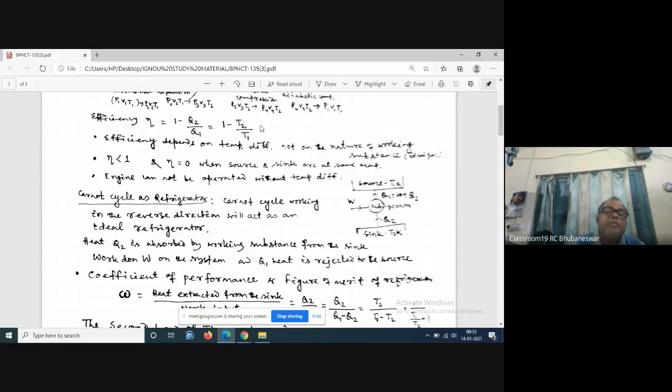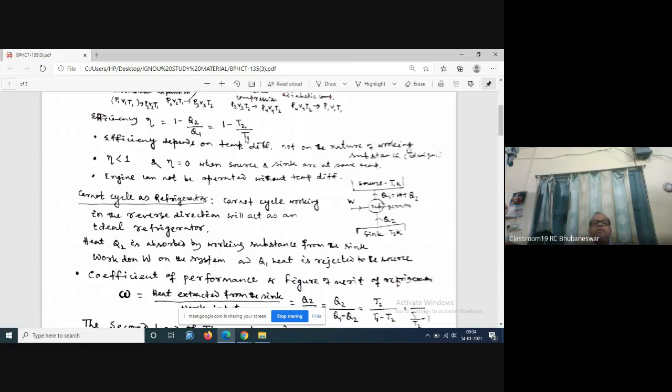Now, the value of eta will be less than 1, and eta becomes 0 if T2 equal to T1. T2 equal to T1 means the temperature of the source and the temperature of the sink are the same.